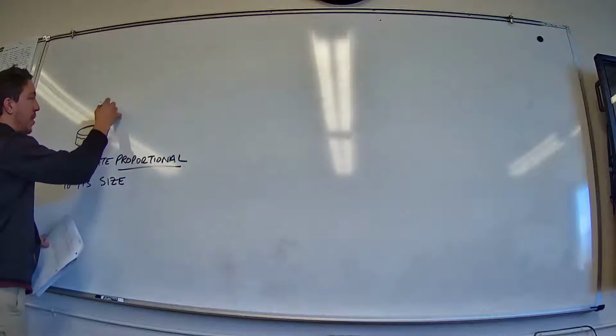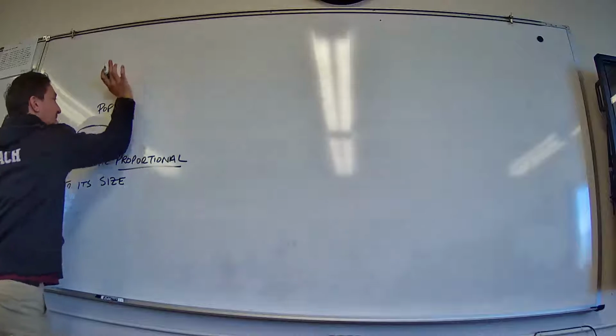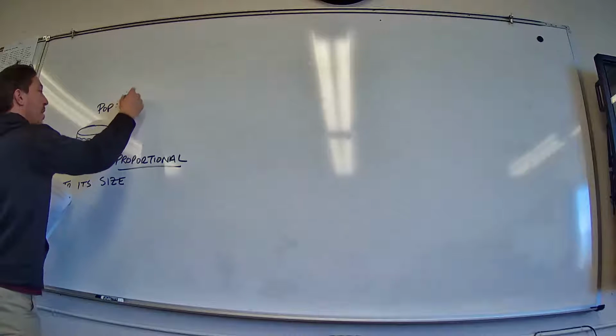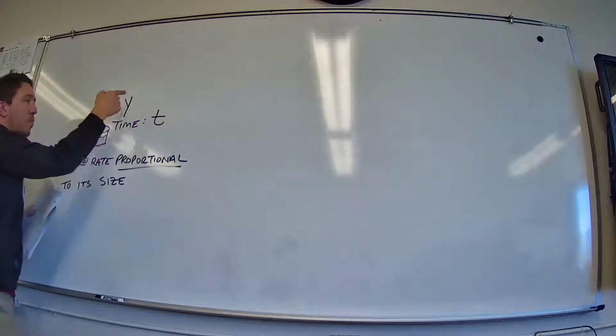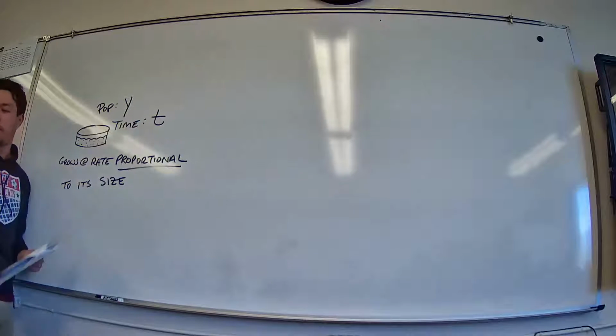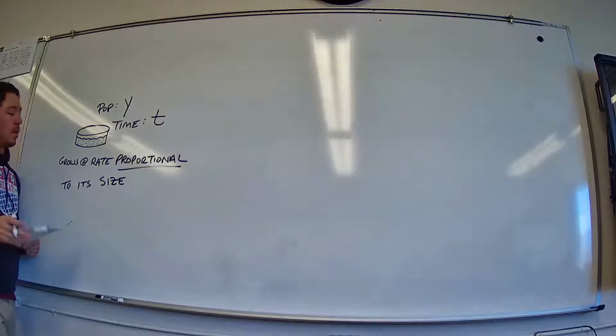And it says, call the population Y, and let time be T. So obviously, Y is a function of T.